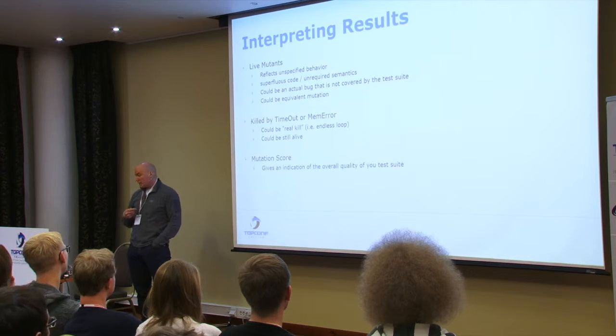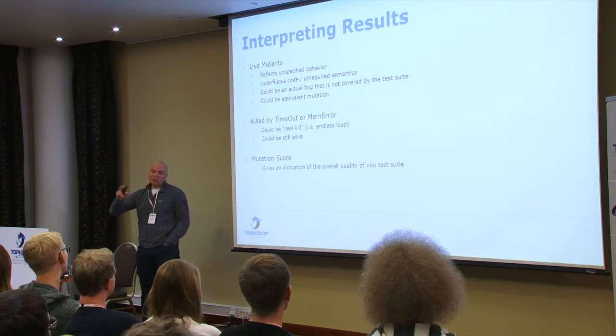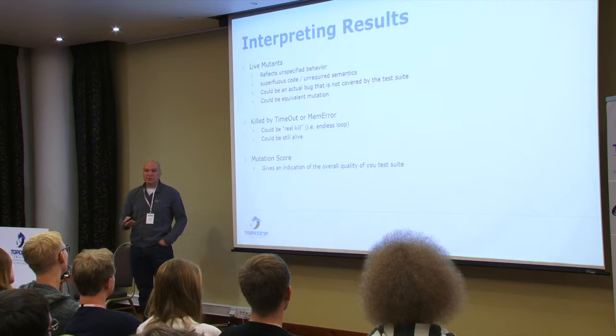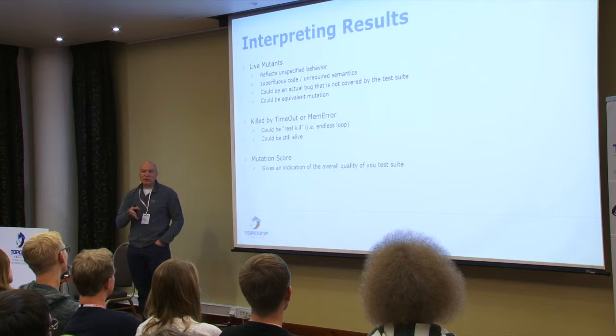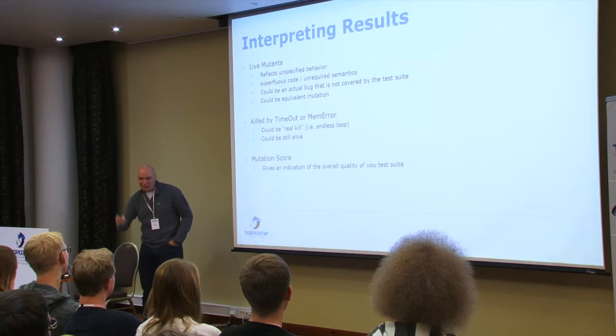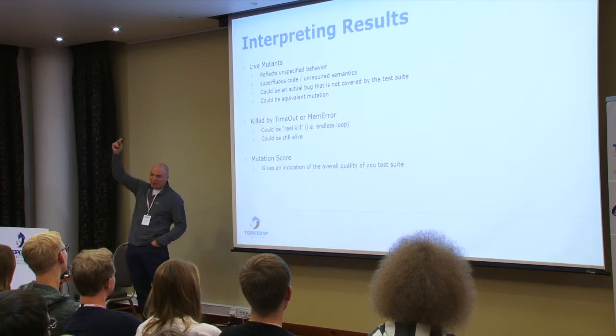We also have kills by timeout or memory error, when the modification in the code makes the code run endlessly, for instance, or longer. Then we run into a timeout. Pit does detect that, but you should look into what really caused the timeout. When you have, for instance, a for loop and you replace the increment with a decrement, then at some point you have a buffer underflow and start all over again, so eventually you reach the same position.